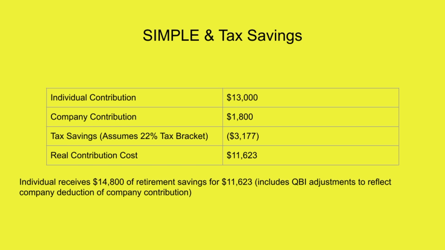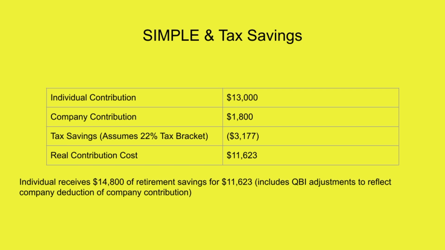If you're in the 22% tax bracket, that's $14,800 less that you're going to report in income. At the 22% tax bracket, that means you save $3,177 in federal income tax. So you contributed $14,800 to your retirement accounts, but it really only cost you $11,623.